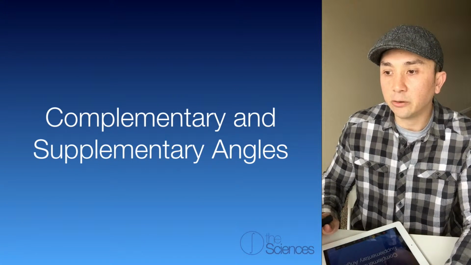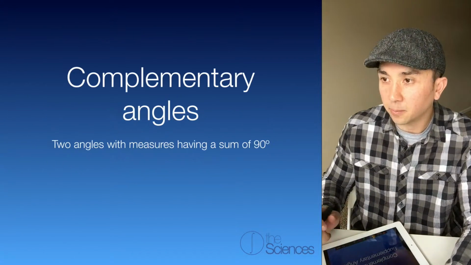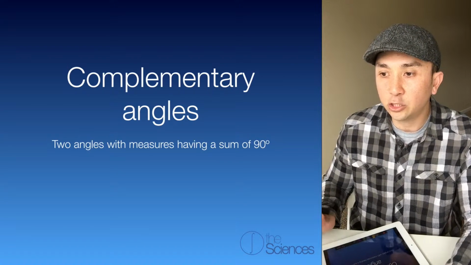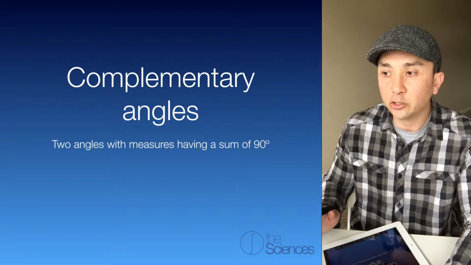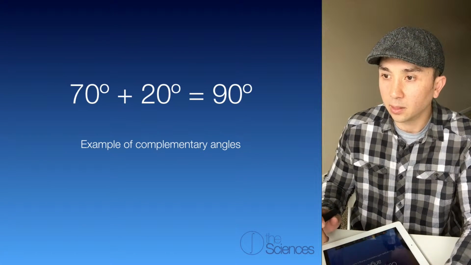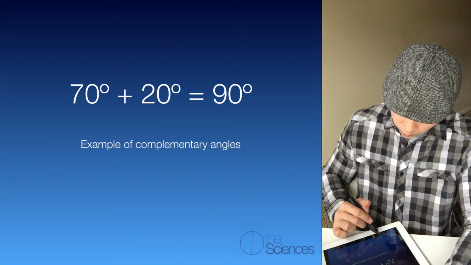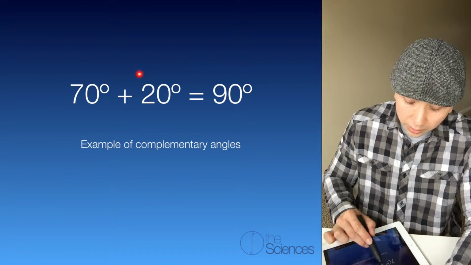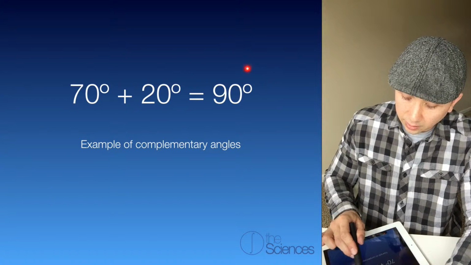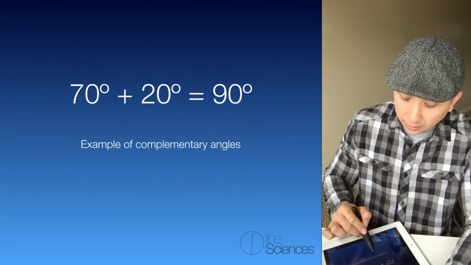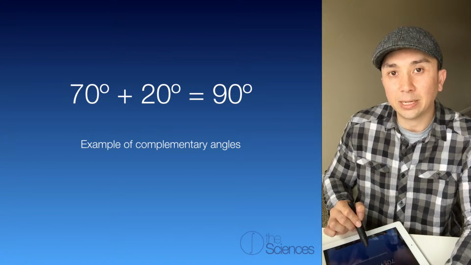Now complementary and supplementary angles. Complementary angles are 2 angles with measures having a sum of 90 degrees. So if one angle was 70 and another angle was 20 and the sum is 90 degrees, then they are complementary angles.